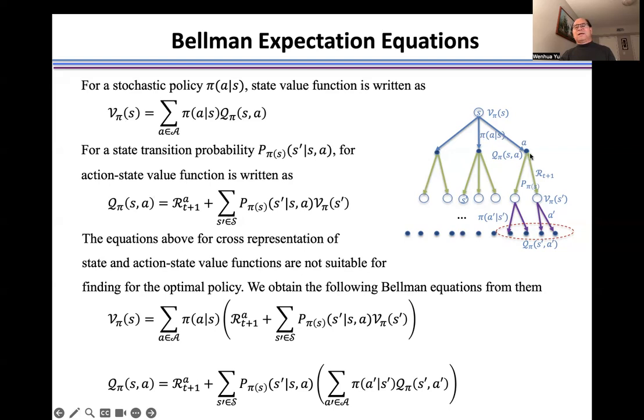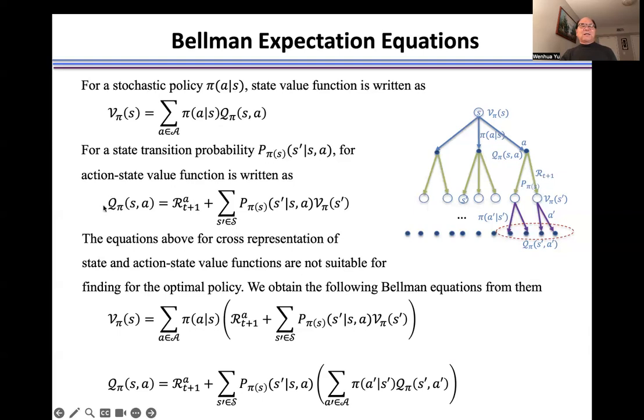And follow the same idea. See here, from this Q at this point, we have the immediate reward, and then the state transition probability. And here we have a state value function at s prime. So from this V value function, we can calculate the Q. From these two equations, we can see V and Q cross each other.